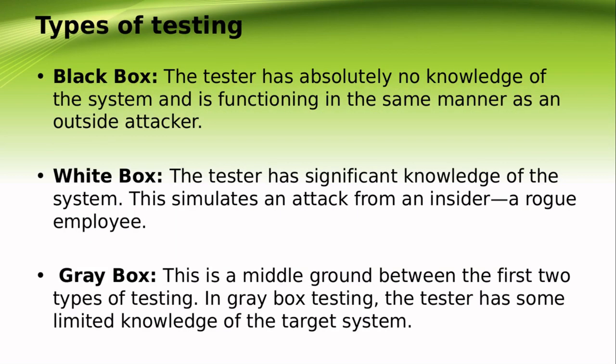Black box, white box, grey box. These are three main types of testing. The black box: the tester has absolutely no knowledge of the system and functions in the same manner as an outsider attacker.